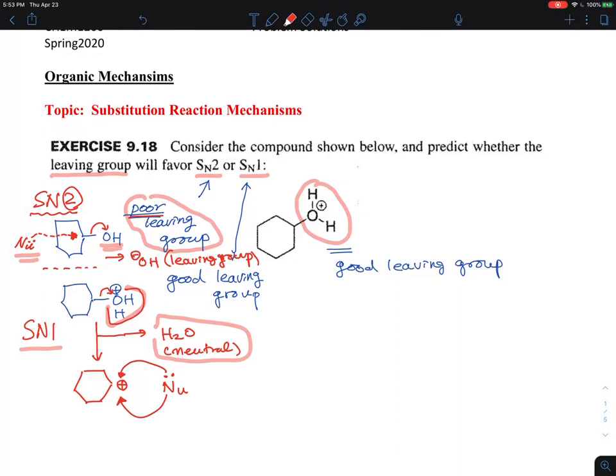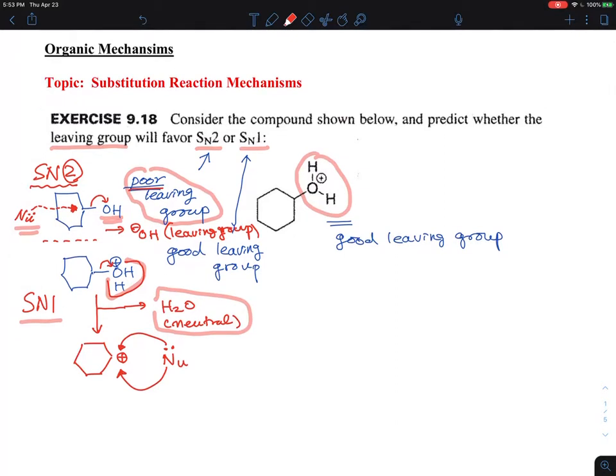Neutral is not so bad, right? So identifying this as a good leaving group, you can say it's an SN1. Unimolecular is good enough because it can generate those, and that's a good insight to know.